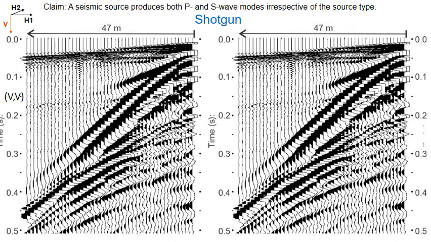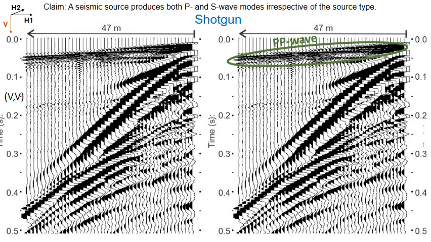In this record, acquired with a shotgun source with vertical geophones, receivers at 1 meter, we show a seismic record with the expression of multiple wave modes.